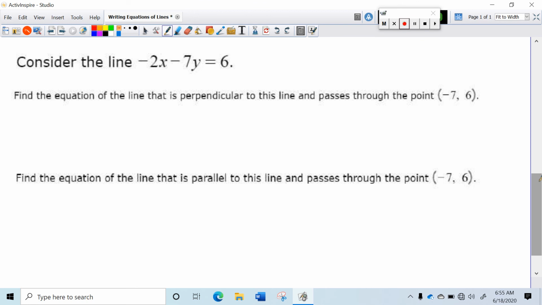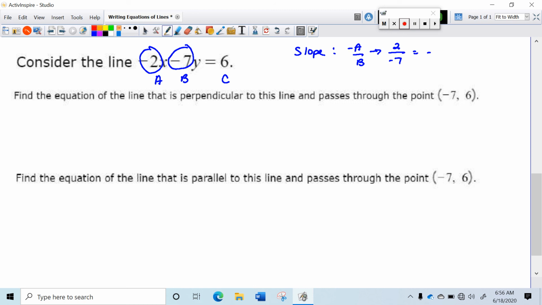Okay, this next equation is in standard form. In standard form you have a, b, and c. The slope is the opposite of a over b. So the opposite of a, the opposite of negative 2, is positive 2, over whatever b is, negative 7.